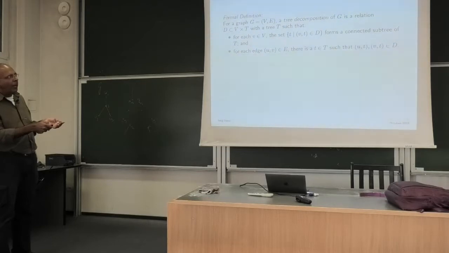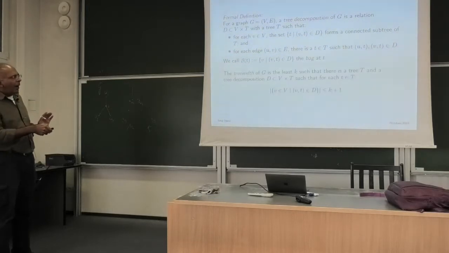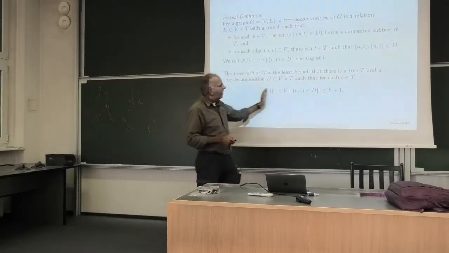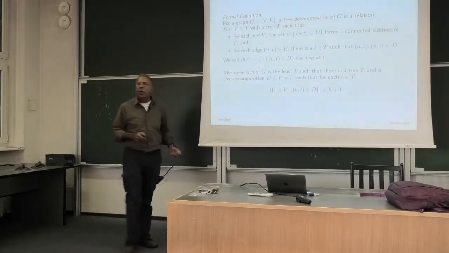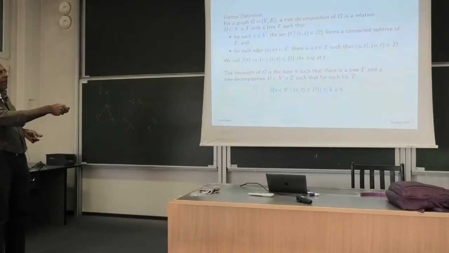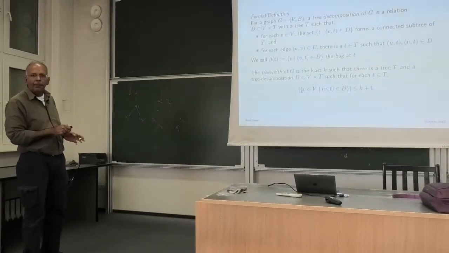For every edge, both endpoints are related to some node. Okay, that's the formal definition of a tree decomposition. And the tree width is just the smallest k such that we can get a tree decomposition where every bag has size at most k plus 1, bag being defined as the set of vertices of the graph related to any fixed node in the tree. Okay?